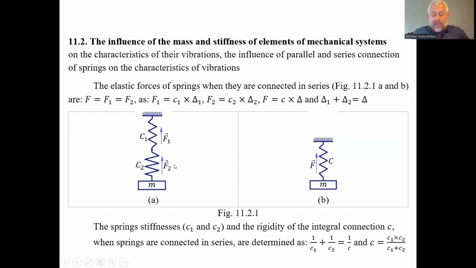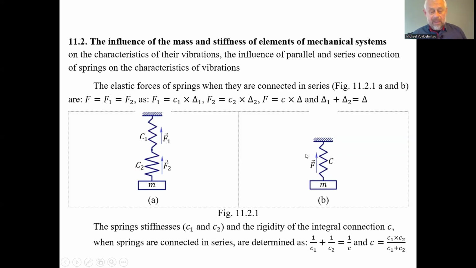As well, if we have not two but more springs connected in series, we will have more factors in the numerator, and we have more summands in the denominator as well. So the more springs we have connected in series, the softer the equivalent spring will be.